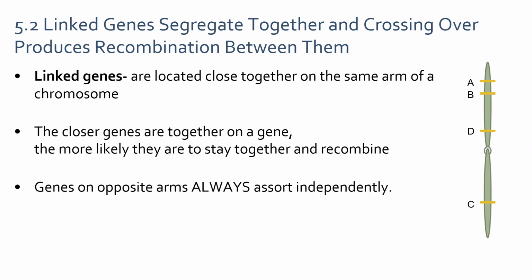So now we know that the reason that Bateson and Punnett and Saunders were seeing this coupling is that genes have specific locations on specific chromosomes. And if we think about human chromosomes, we have 23 different chromosomes, and there are about 22,000 genes in the human genome. It's estimated there are about 22,000.